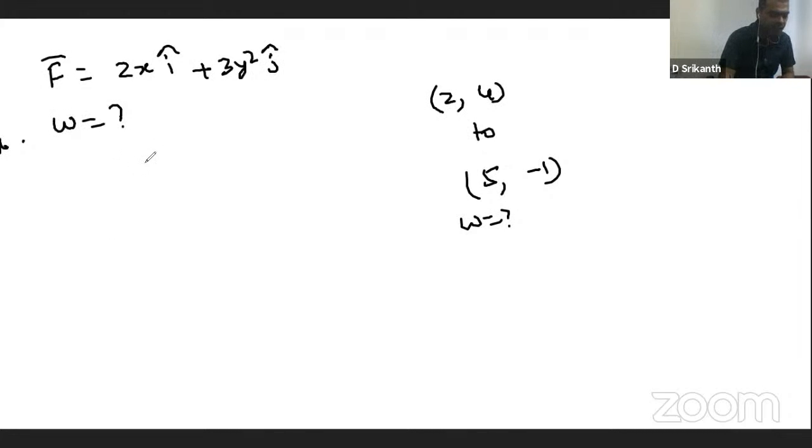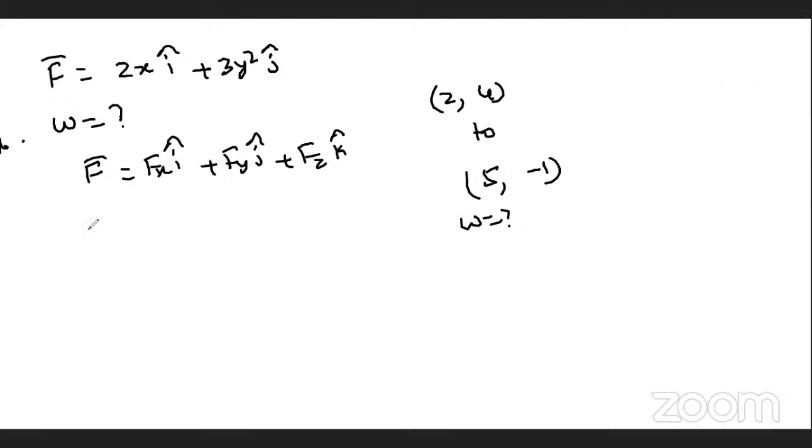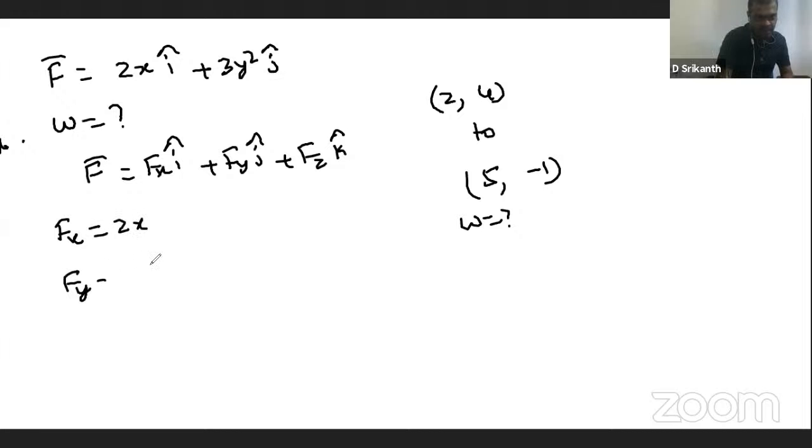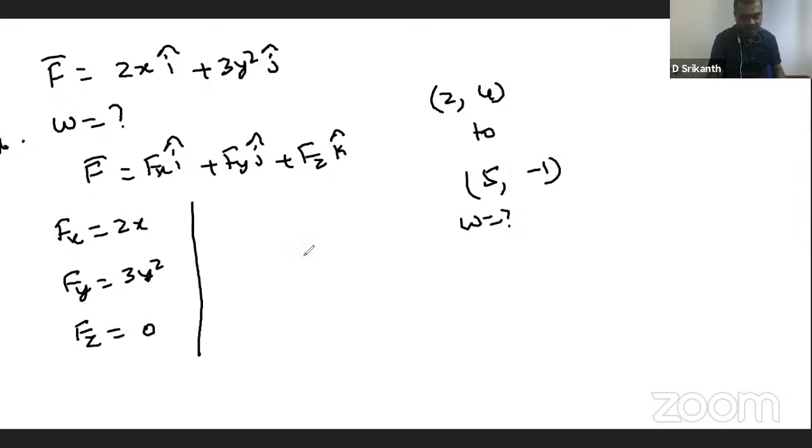Since we know F bar equals Fx i cap plus Fy j cap plus Fz k cap, what is the value of Fx? Fx is 2x, Fy is 3y square, Fz is 0. The work done formula is integral Fx dx plus integral Fy dy.